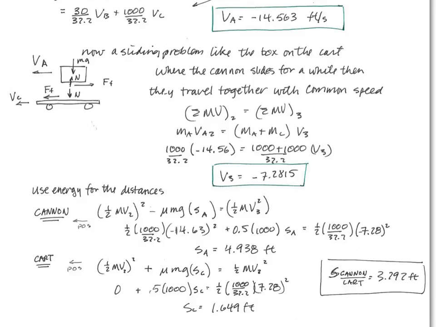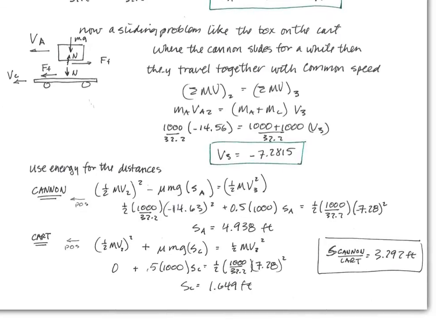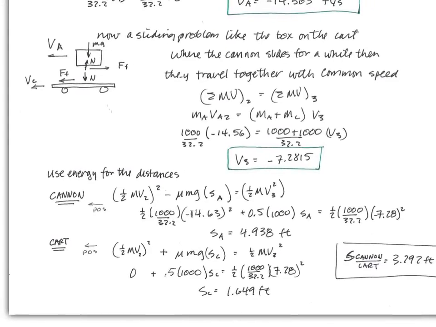Now the cart, what happens to the cart? The cart has an initial kinetic energy of 0 because it's not moving. But what's making the cart go? Well, again, if this is a positive force in this direction, as we said, positive in that direction, if I take that friction force slowing the cannon down, that has to transfer equal and opposite to the cart, and that's what makes the cart speed up.